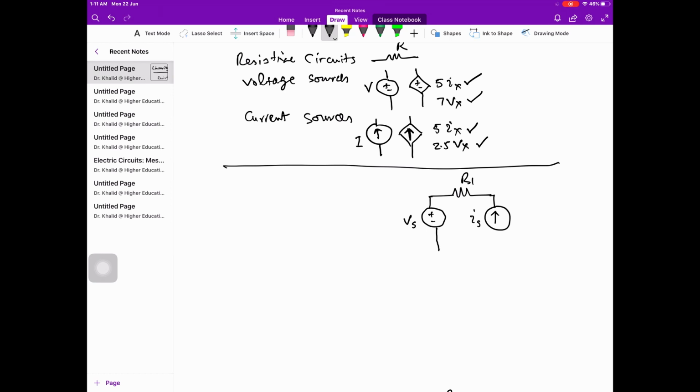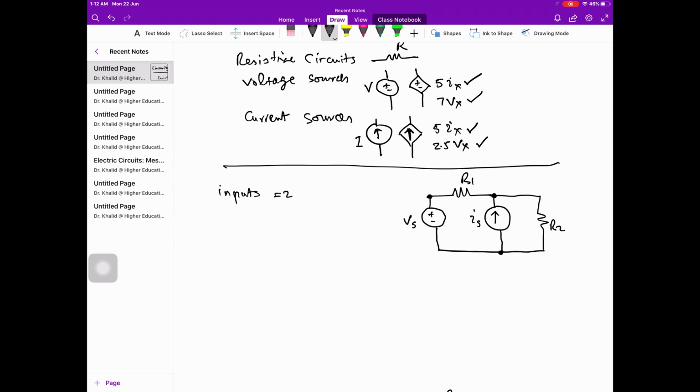The voltage across the voltage source remains fixed, whatever is the current flowing through it, and the current through the current source remains fixed, whatever is the voltage across it. And this resistance is R2. This is a very simple circuit. It has three nodes. Now, in this circuit, how many inputs do we have?